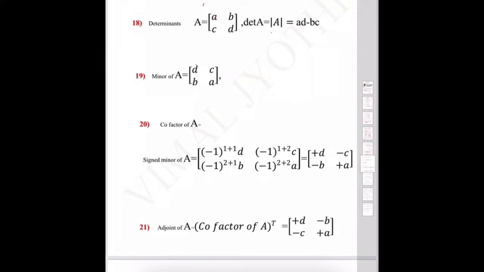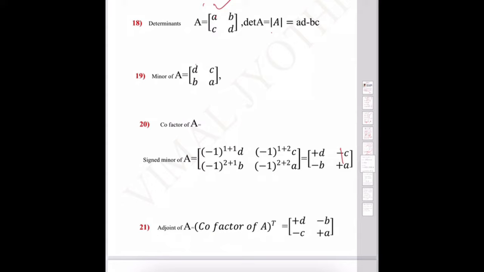This is a matrix A, this is the cofactor of A, then the adjoint of A is equal to the transpose of the cofactor of A. That is the transpose of this matrix, that is plus B, minus B. Rows become columns and columns become rows. That is very important.